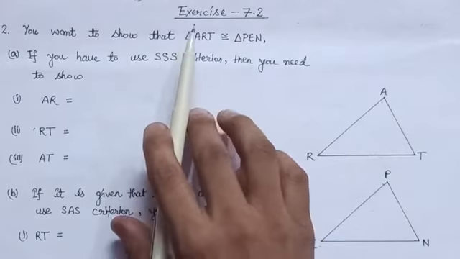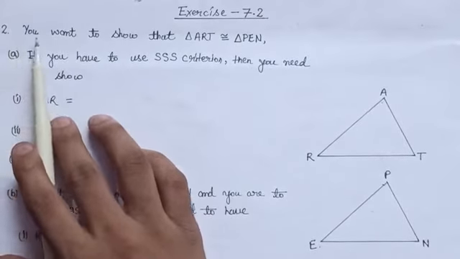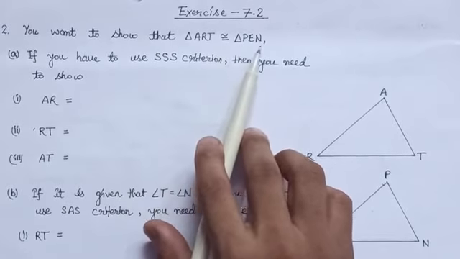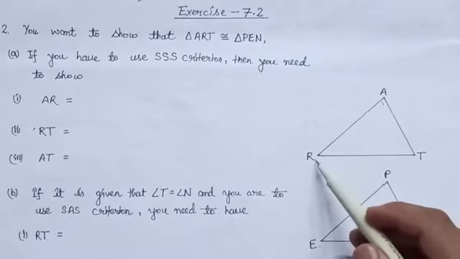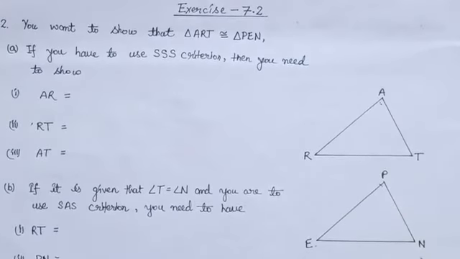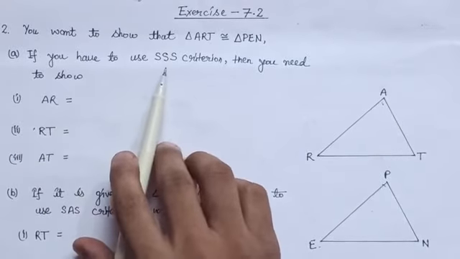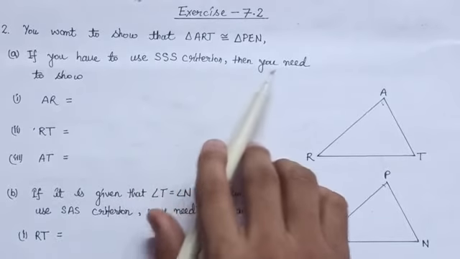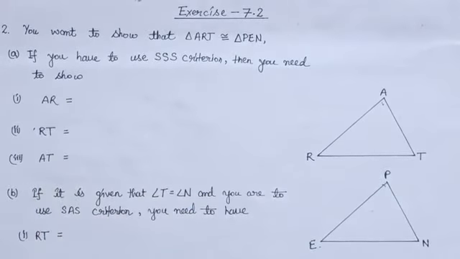Now students, we will solve exercise 7.2. First, it is given that we want to show that triangle ART is congruent to triangle PEN. So here you can see these two triangles, triangle ART and triangle PEN. Now in the first part, if you have to use the SSS criterion, that is the side criterion, then you need to show AR equals to, RT equals to, and AT equals to, which we will find after some time.